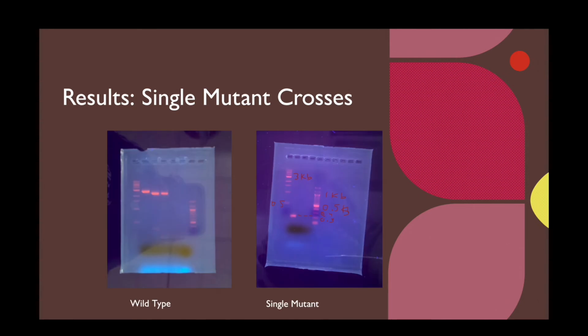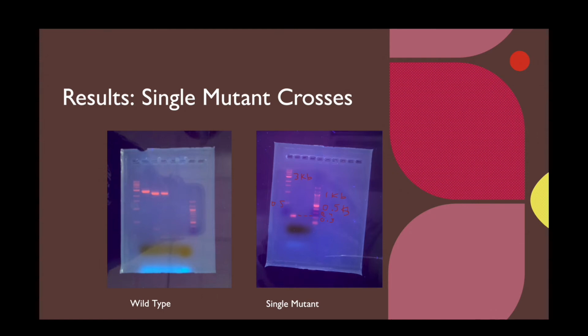For the wild-type flies, fragments were expected to be seen at 200 base pairs, 400 base pairs, and 800 base pairs. For the single mutants, there should have been a fragment at about 0.45 kilobase pairs. In lane 1 of the single mutant trial, there was the 1 kilobase ladder.